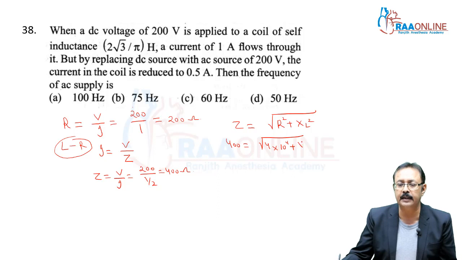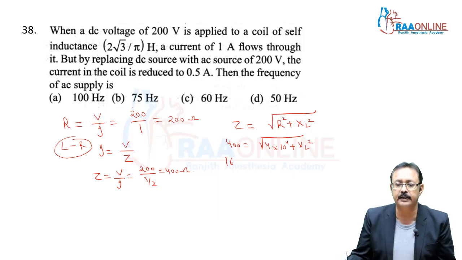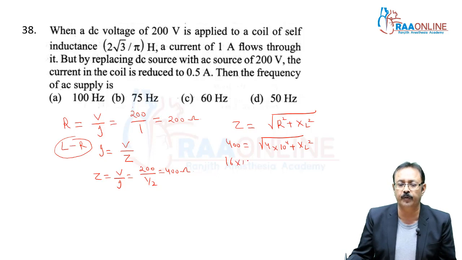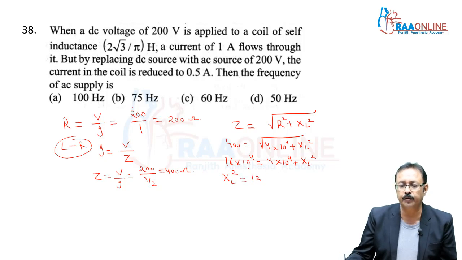Plus XL square. Squaring both sides, we are getting 16 into 10 to the power 4 is equal to 4 into 10 to the power 4 plus XL square. So what we are getting the value of XL square? 16 minus 4, 12 into 10 to the power 4.